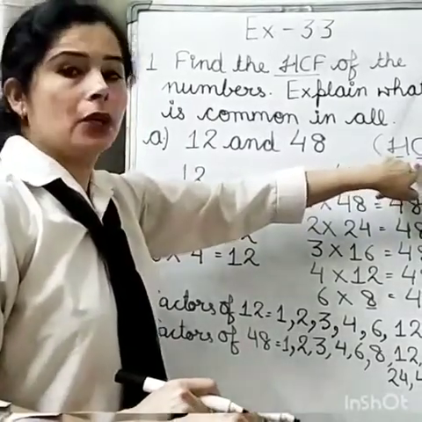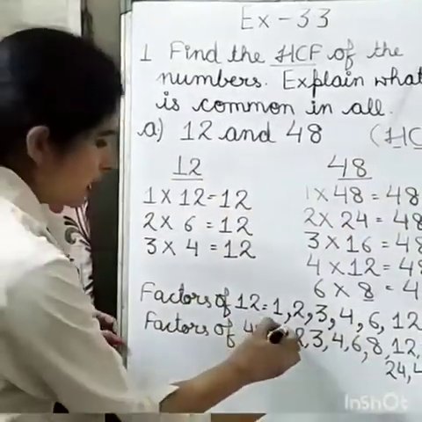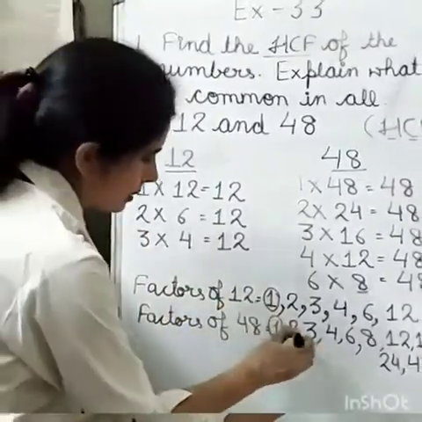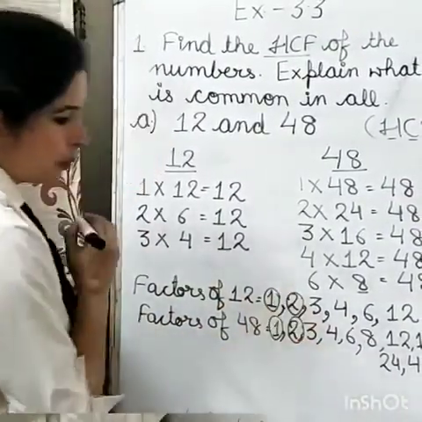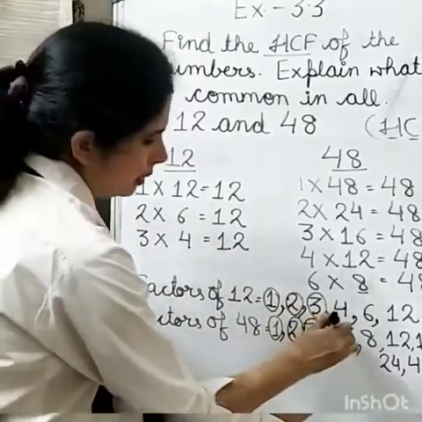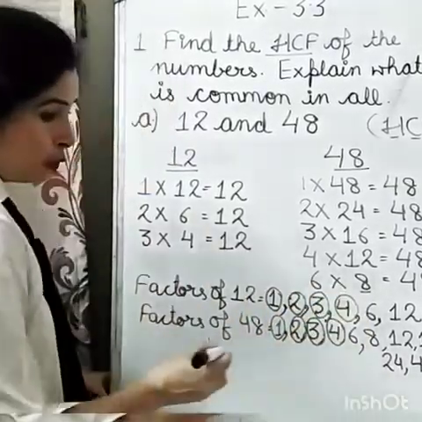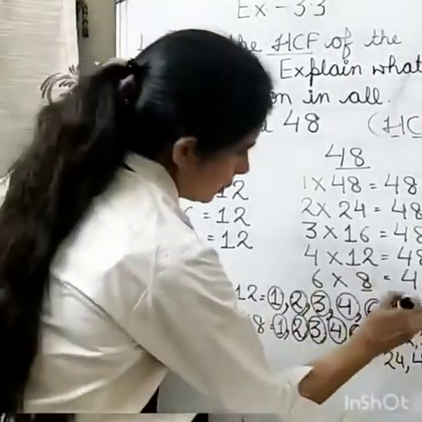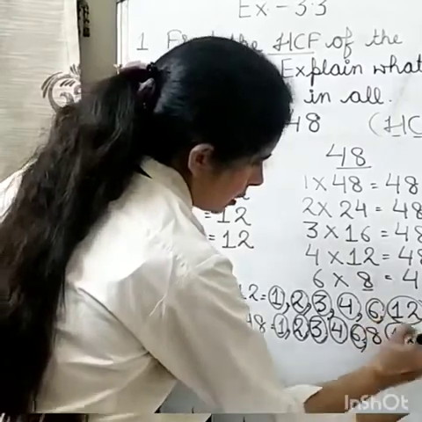Next step is common factors. 1 is common, circle the common factors. 2 is common, 3 is common, 4 is common, 6. And next common factor is 12.